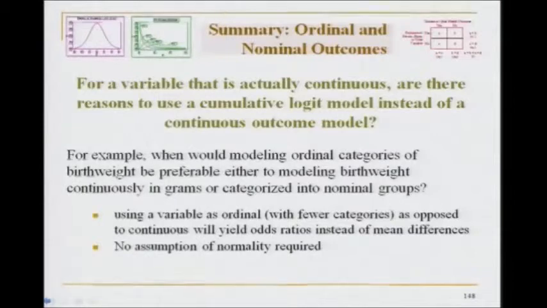Just some caveats here about, again, thinking about category boundaries and the good thing about doing it as ordinal as opposed to continuous. Again, using a logistic model, we don't have to assume normal distribution or any of that stuff in a logistic model.